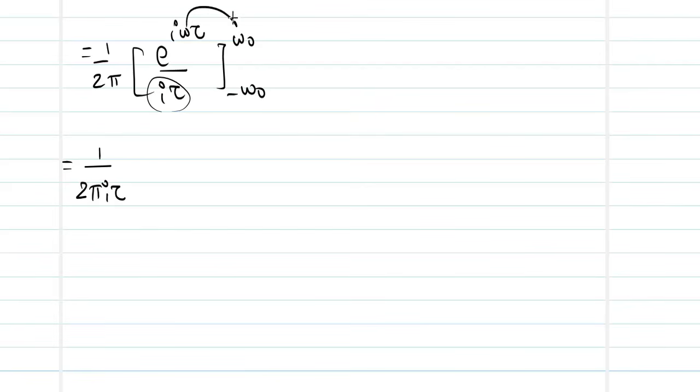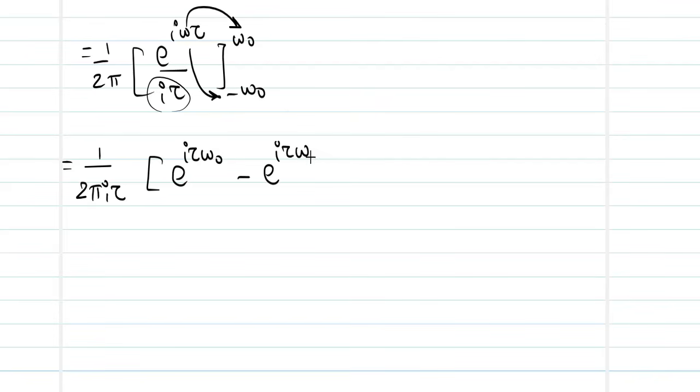Omega is my variable, which takes the upper limit omega naught and the lower limit minus omega naught. So you have e power i tau omega naught minus e power i tau times the lower limit.